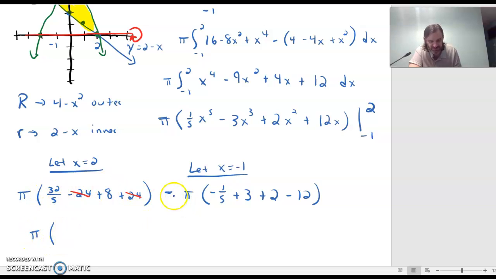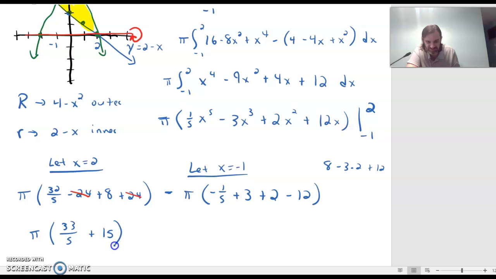We'll have 32 fifths, and then plus 1 fifth, so that'll be 33 fifths. But then the numbers, we'll have 8, and then -3 minus 2 plus 12. So that'll be 20 minus 5, so it looks like 15, if I'm not mistaken.